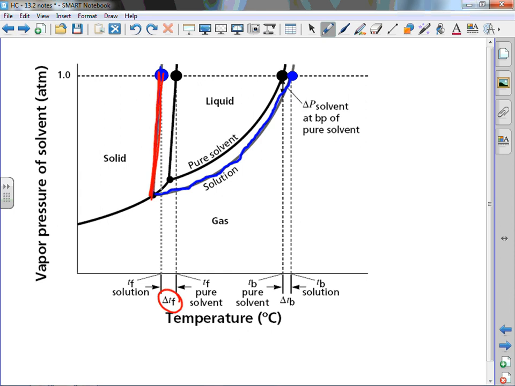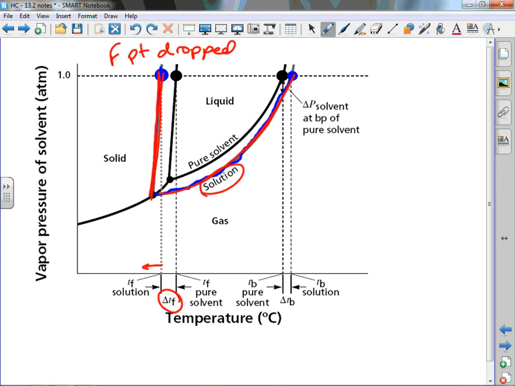It has actually dropped. So let's think about what we just said there. The temperature actually dropped. So the freezing point dropped if we add a chemical to that water, salt. Now let's look at the other line.